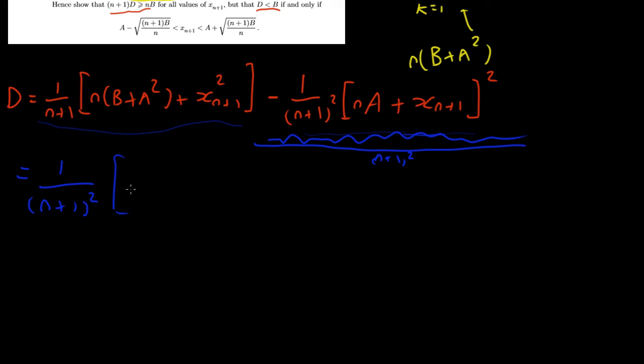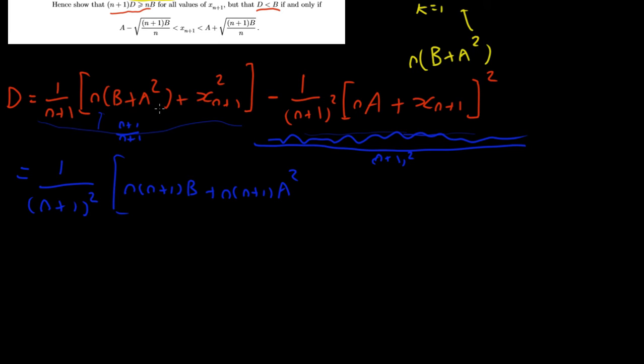So, what's going to happen here? We're going to have our n plus 1 times b plus n plus 1 times a squared. Sorry, a squared. So, yeah, that's that, because we're writing this over n plus 1 squared, it's basically equivalent to multiplying this fraction by n plus 1 over n plus 1, right?